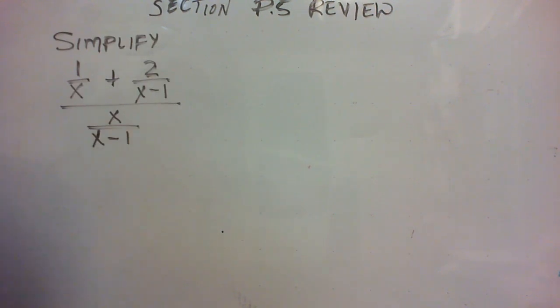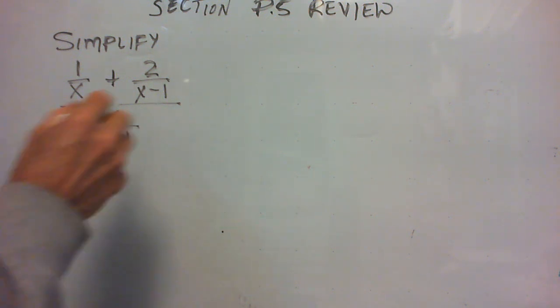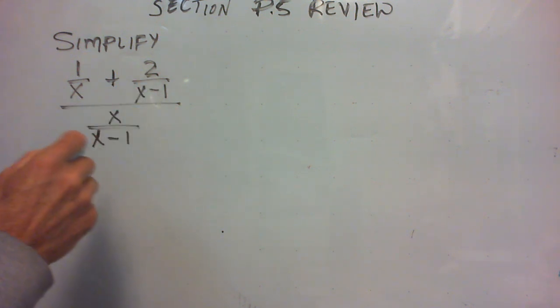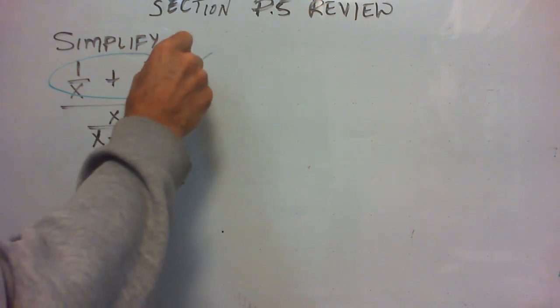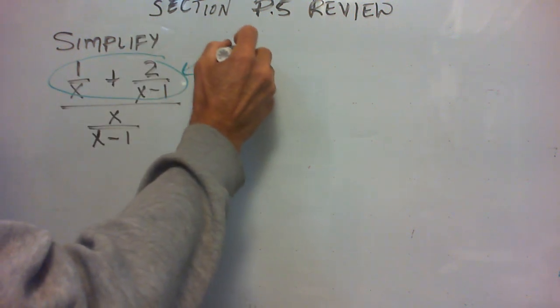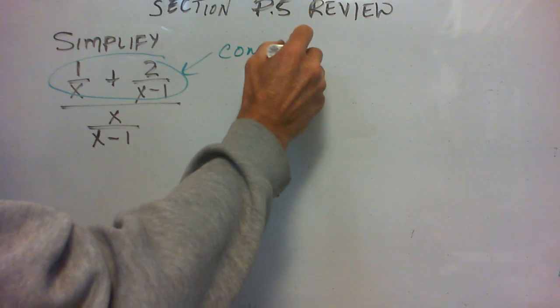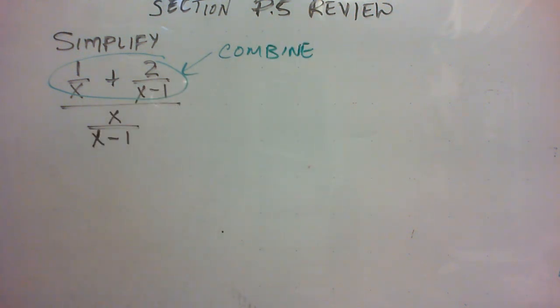Okay, in our next problem, we want to simplify a complex fraction. Now, there's two different ways you can do this. But the way I like to show, because it's the most versatile way and it works for any complex fraction, is we want to combine these top two fractions into one fraction.